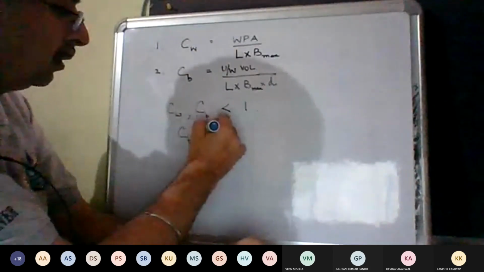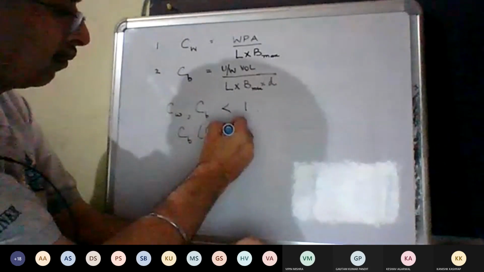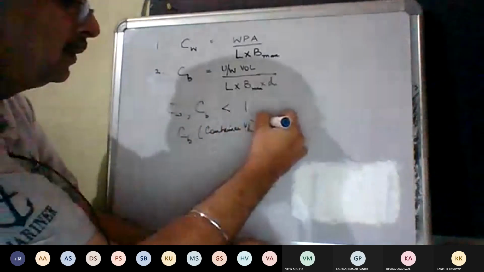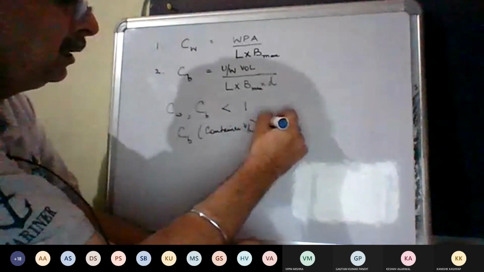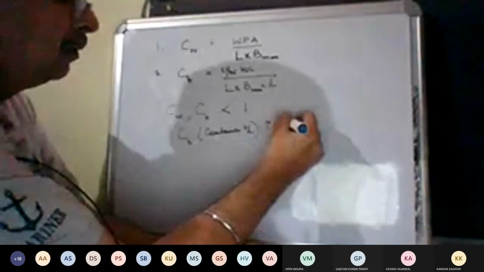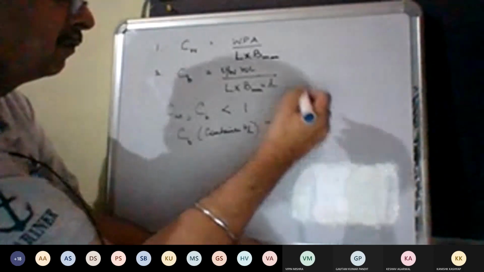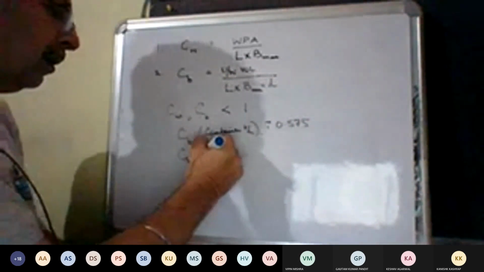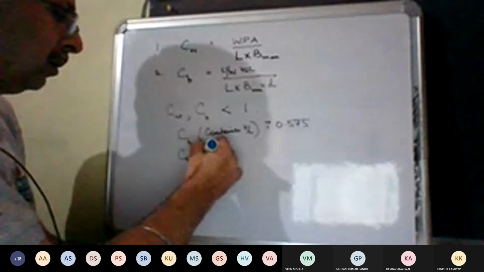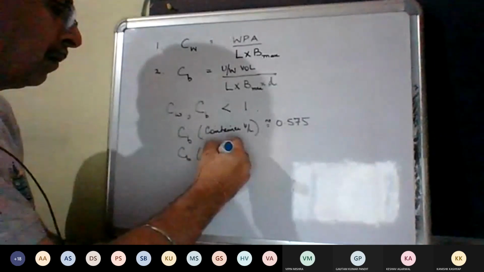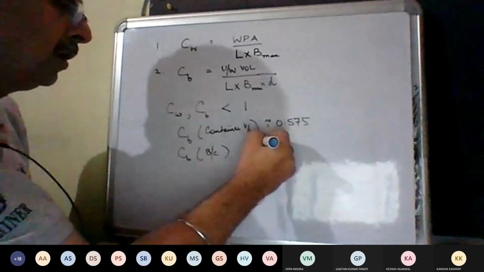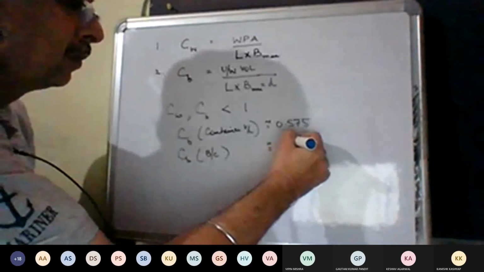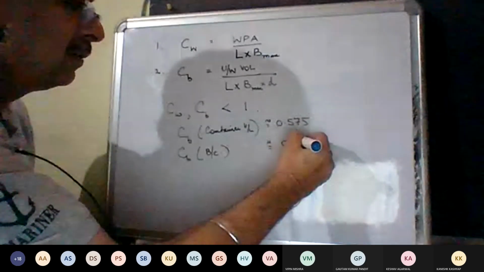CB for a container ship: large container vessels generally have a CB of approximately 0.575. CB for a bulk carrier is generally in the region of 0.75.